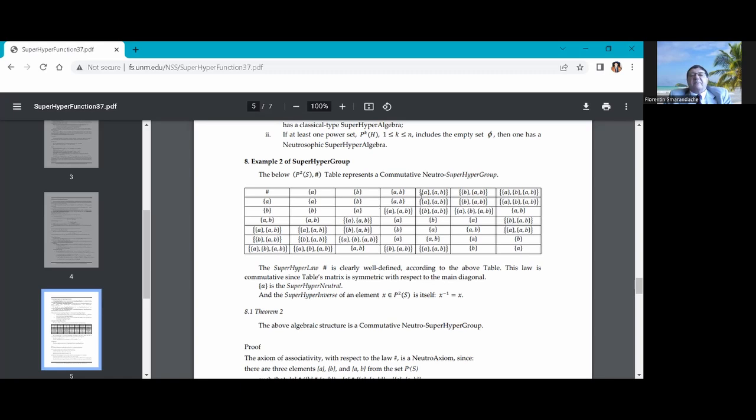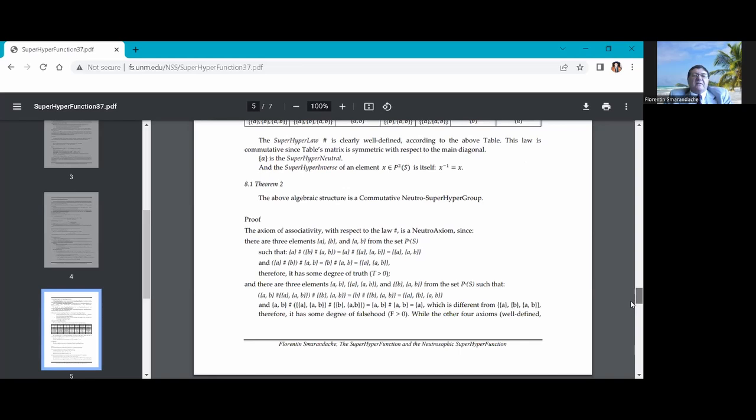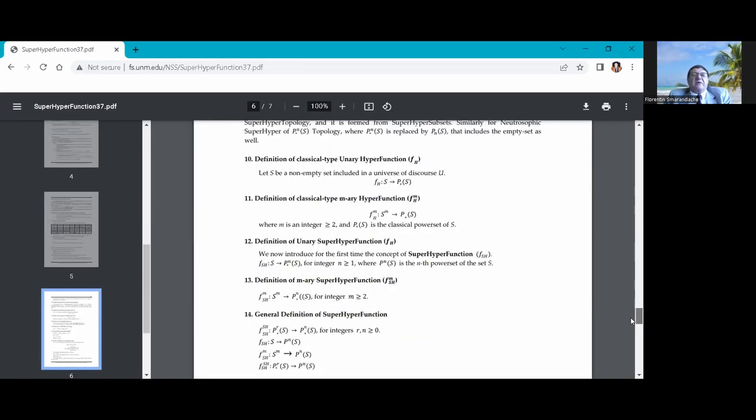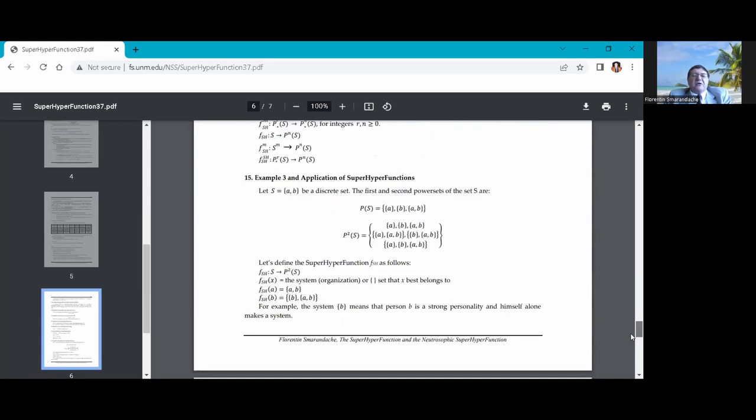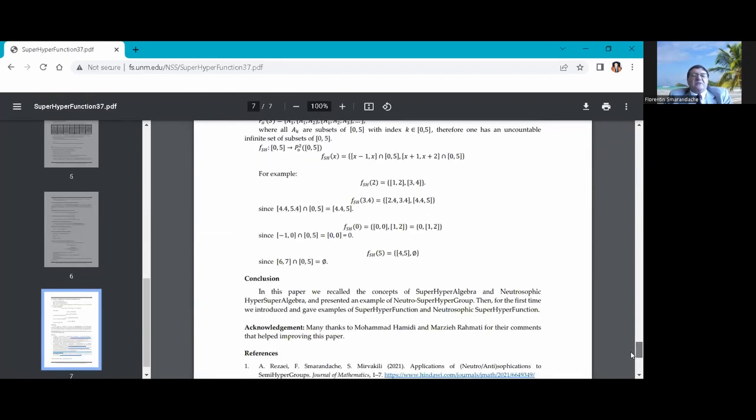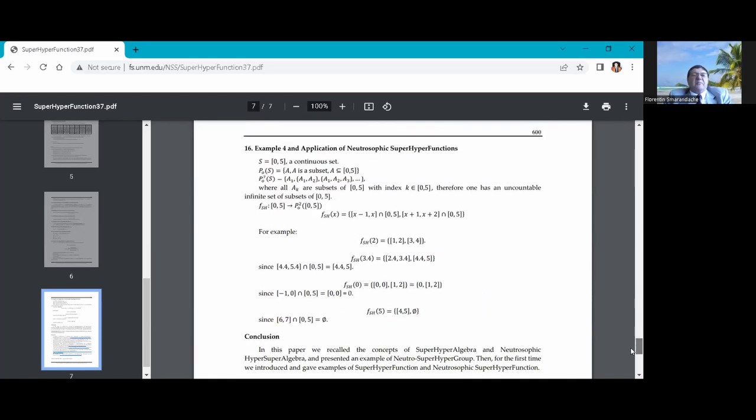So we may have a set of subsets combined, this one with this one, let's say combined with this one, and it gives us, for example, A, which is actually the neutral element. Here A looks to be the neutral element, but this one combined with this one is this one. So this is the way we define the super hyper function. And again, another example of super hyper function.